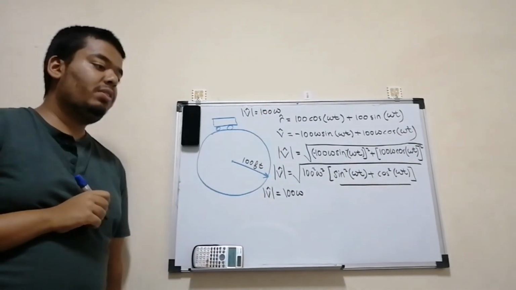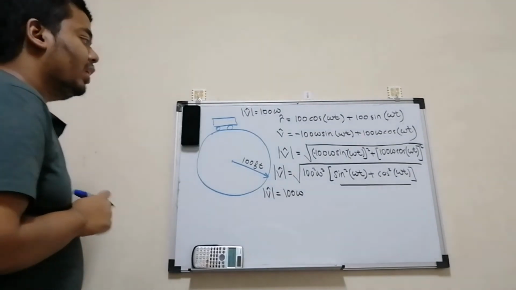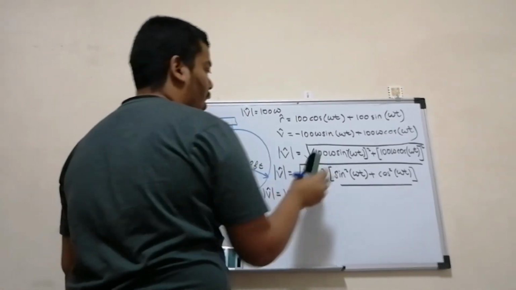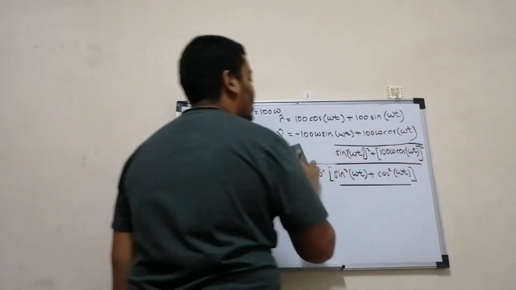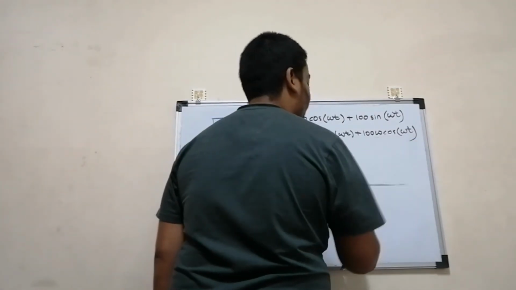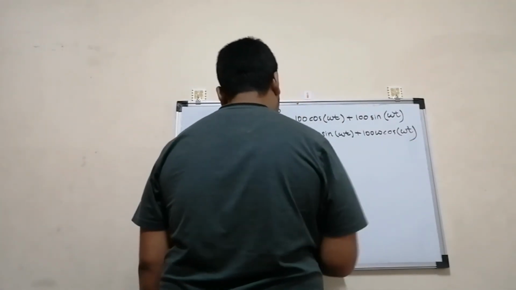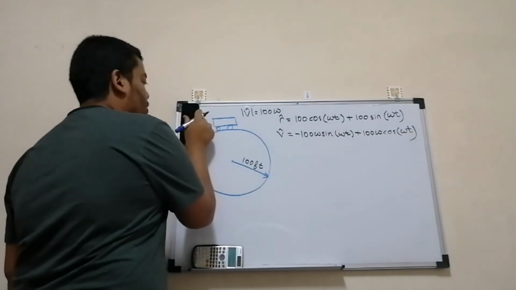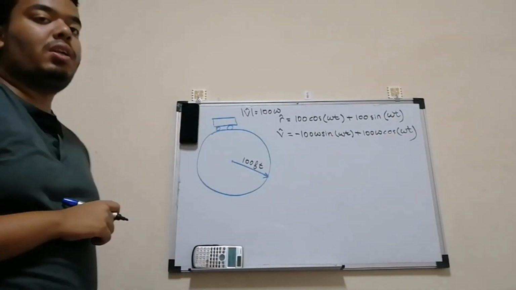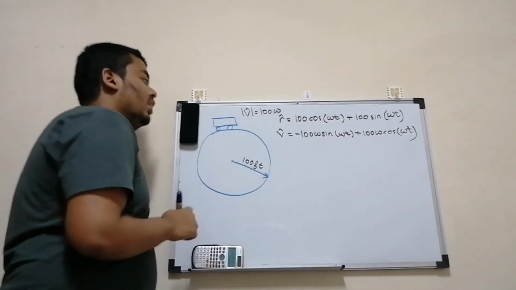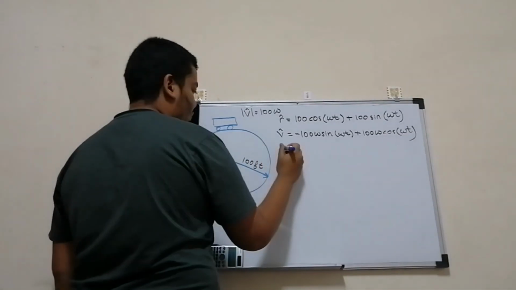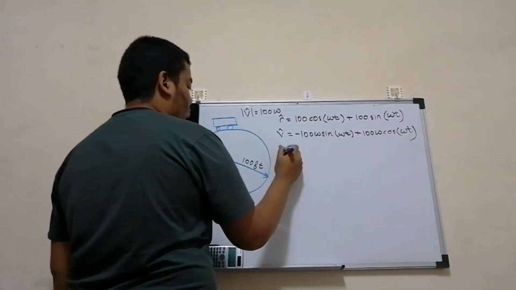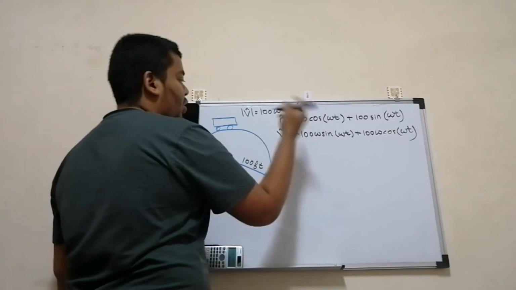Got it, guys? Perfect. Now let's find the acceleration vector. So let's see, what does the acceleration vector say? The acceleration vector is given by, you differentiate the velocity vector again.